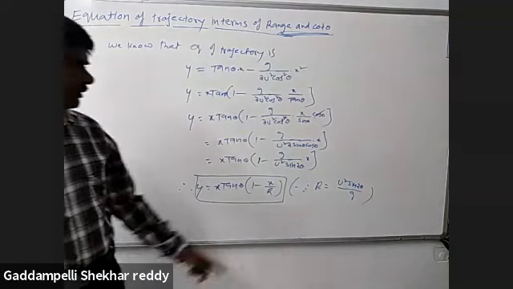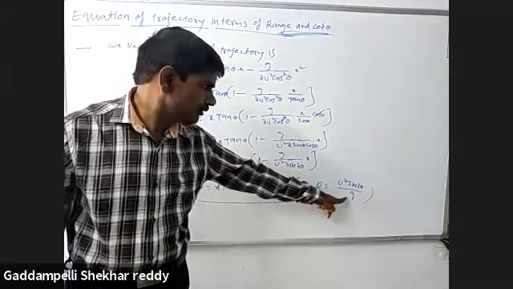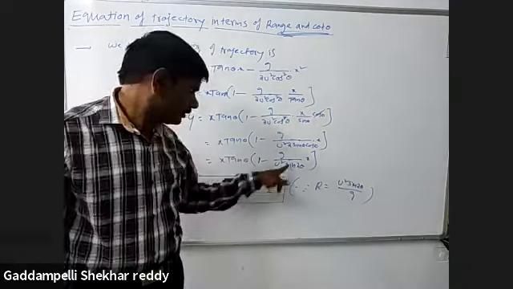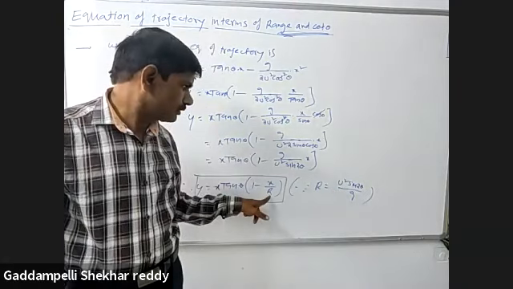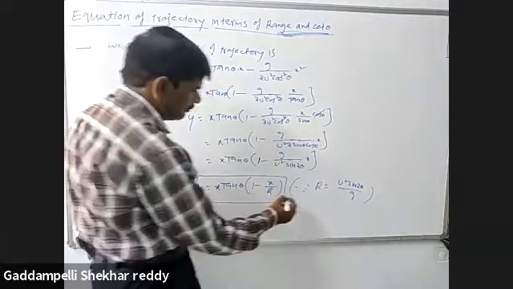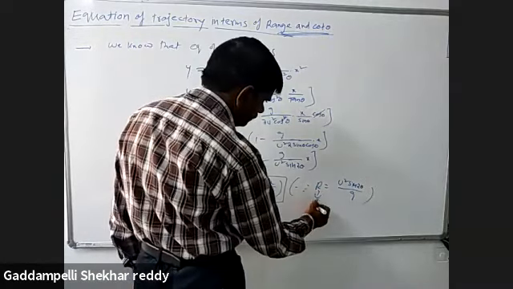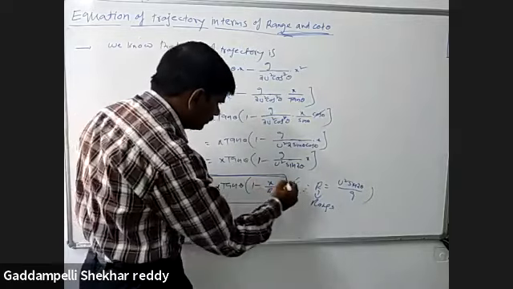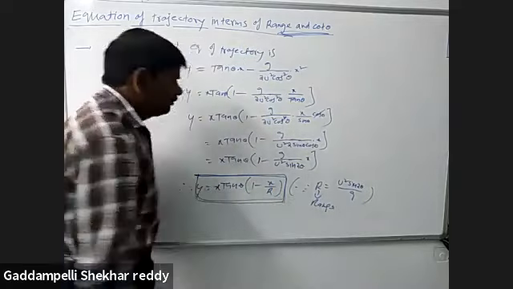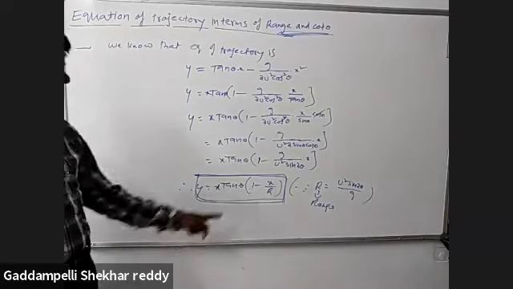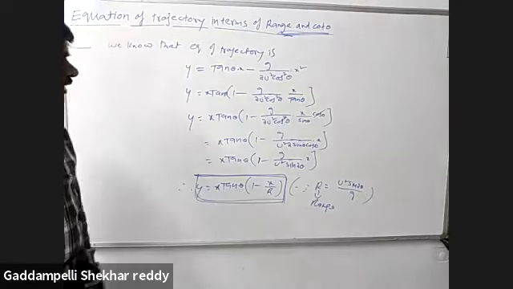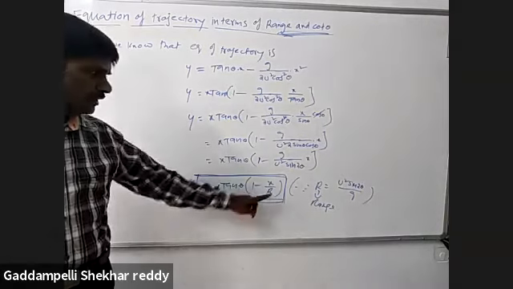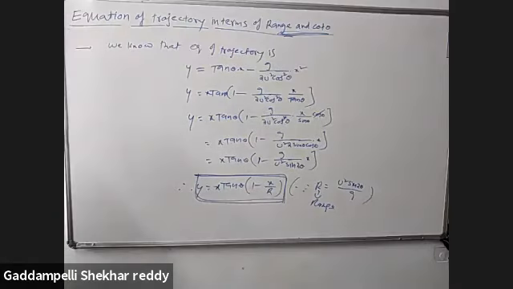Here g by u square sin 2 theta is the reverse of R, so R is the range. This formula is most important for solving problems at IIT JEE and NEET level: y is equal to x tan theta into 1 minus x by R.